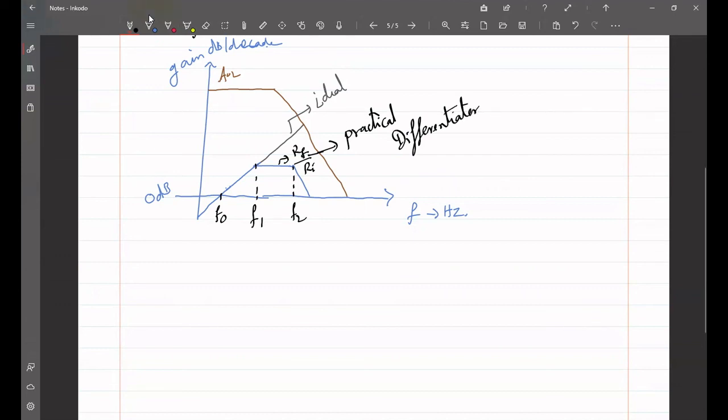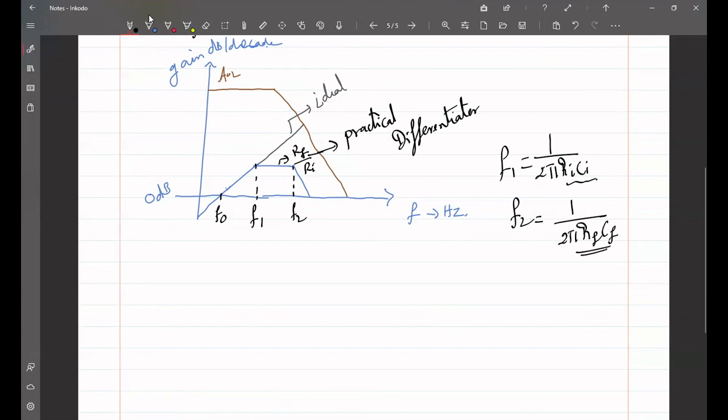F1 can be represented as F1 is equal to 1 by 2 pi Ri Ci. That is the input impedance. Second is F2, which is equal to 1 by 2 pi Rf Cf.